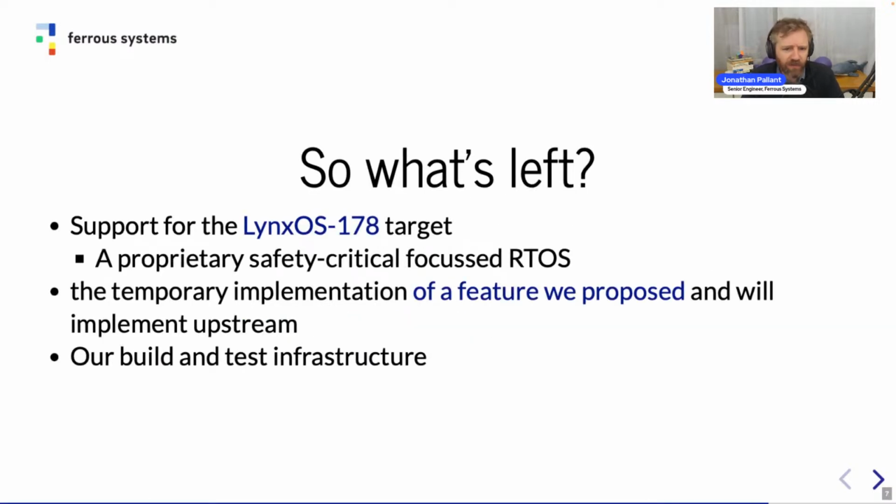So what do we have in Ferrocene that doesn't exist in the upstream project? Well, the first thing is support for LynxOS-178. This is a proprietary safety-critical real-time operating system focused on aviation markets. I think it's used in the F-35, but it requires a proprietary C compiler in order to use it, and you can't get LynxOS-178 unless you buy a copy.